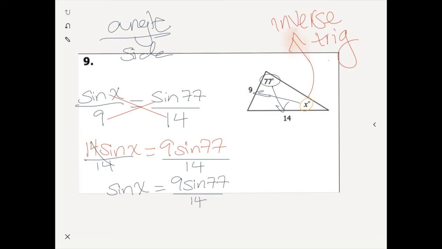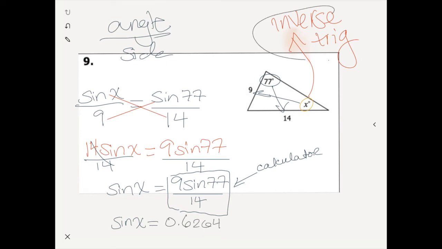It works easier if you get a decimal approximation for this weird looking fraction right here. So put this in the calculator, and if you do that, you'll see that you're going to get the sine of x is equal to 0.6264.